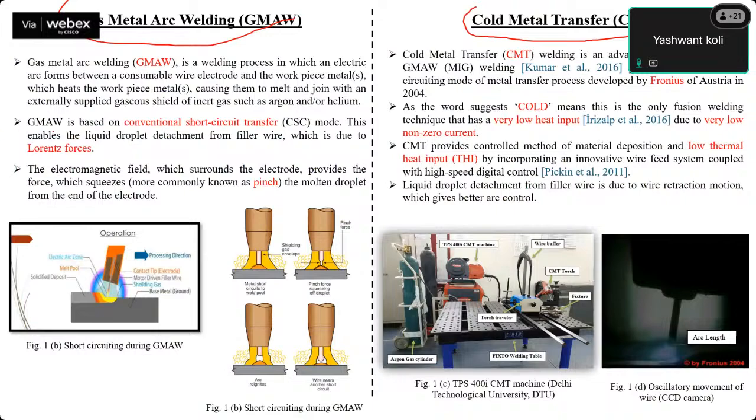Lorentz forces are the responsible factor for detaching the droplet from the wire to the molten pool. Lorentz forces means electromagnetic forces, and the gravitational forces are giving the extra push to the droplet towards the molten pool. So this pinch effect is seen in GMAW.